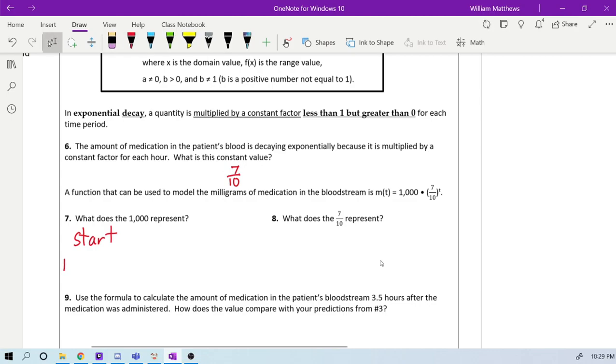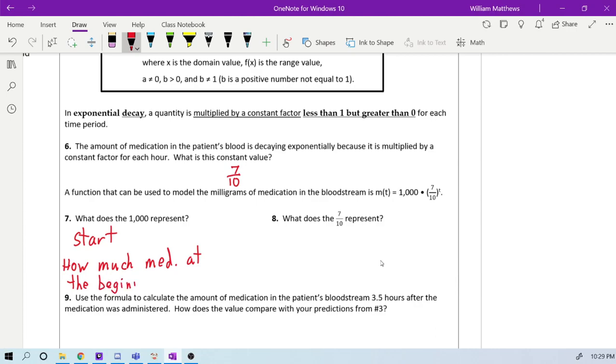So how much medicine was administered? And then the 7/10 in this situation is how much it is decaying each hour.